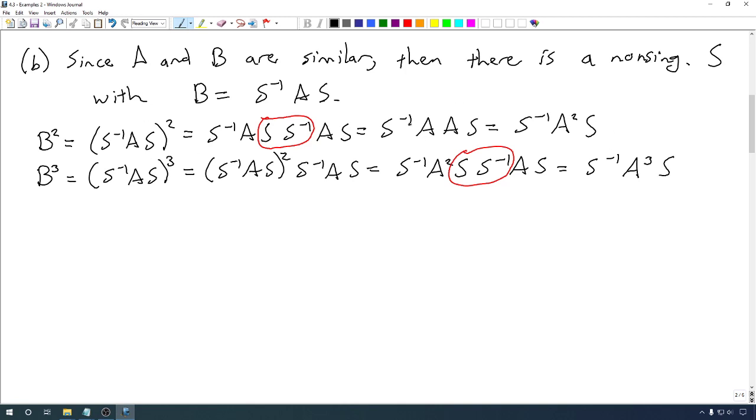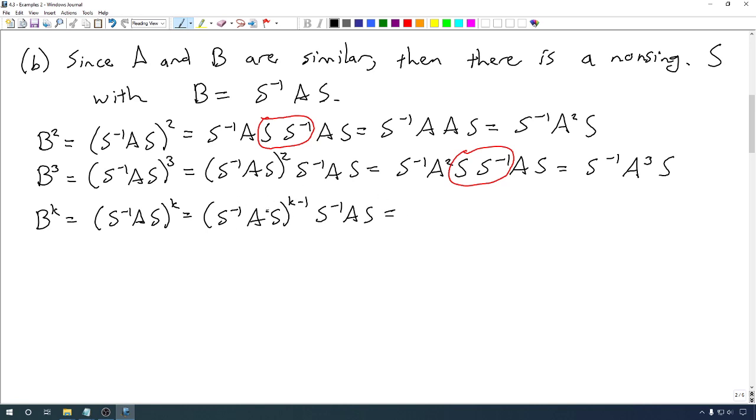In each case, we have B squared is similar to A squared, B cubed is similar to A cubed, and the S is the same in each of these cases. And that is going to still be true in general. So if we assume that it's true for k minus 1, we'll start with B to the k, which just means that we have this to the k minus 1 times S inverse AS.